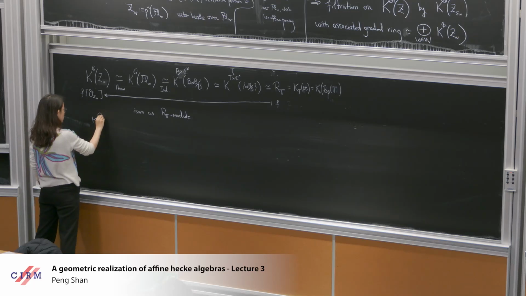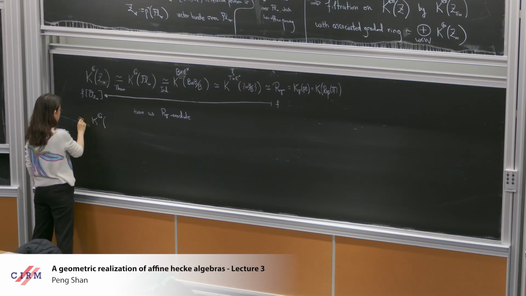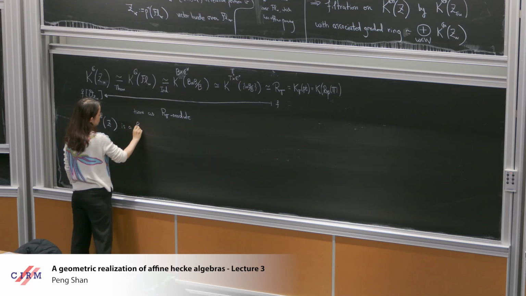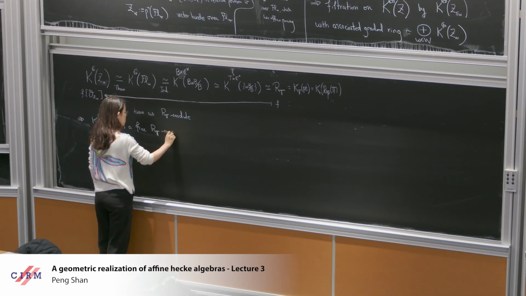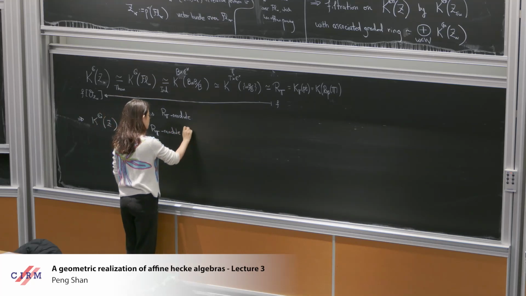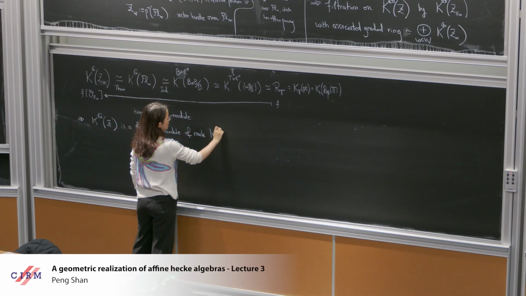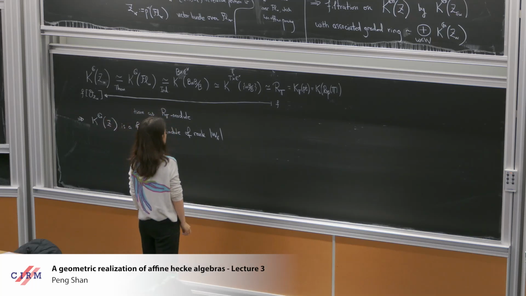This implies in particular that K of Z is a free RT module of rank W. Well, I was using WF before.